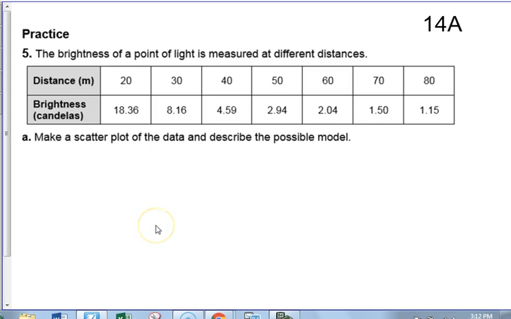All right, one more, last one, I promise. The brightness of a point of light is measured at different distances. So we turned on a light and we stood further and further away, and it was dimmer and dimmer. Shocking, right? Okay, put these in.